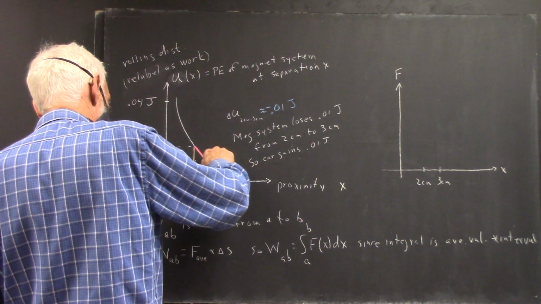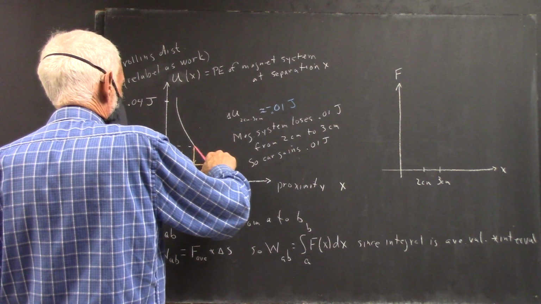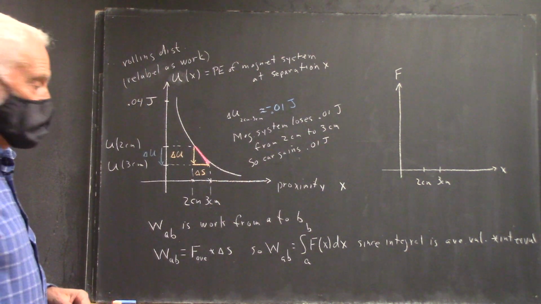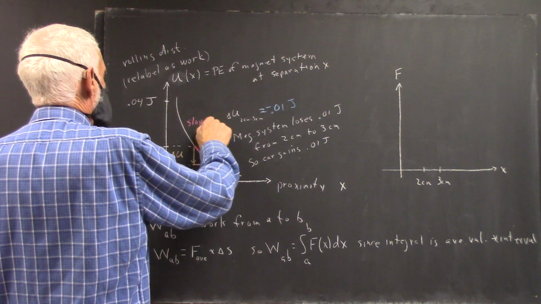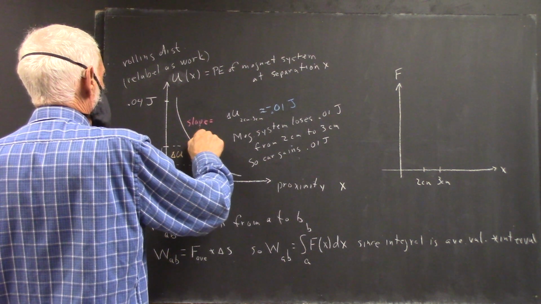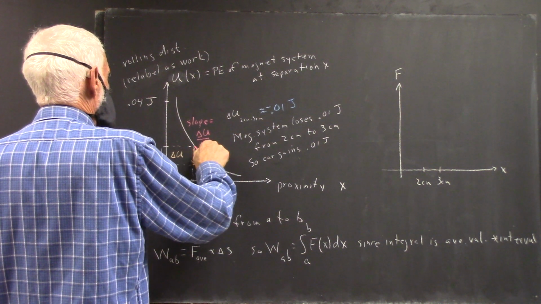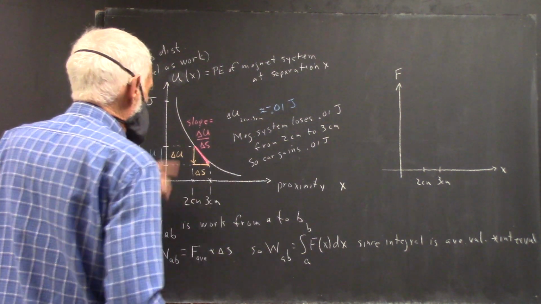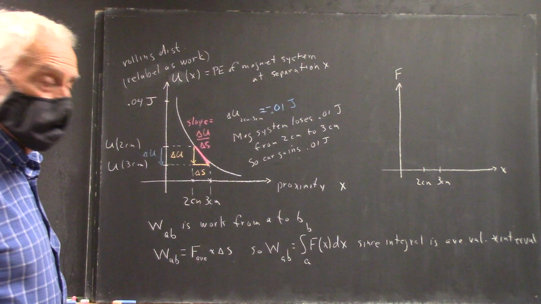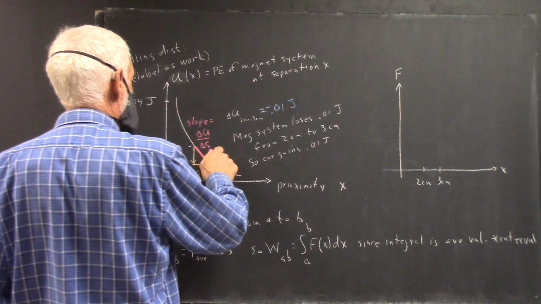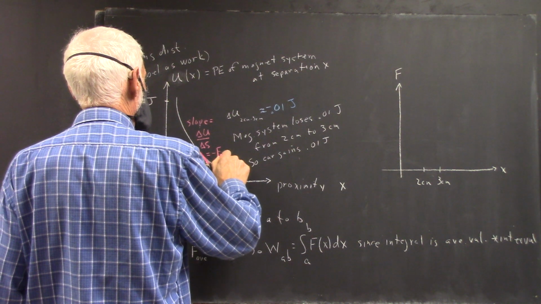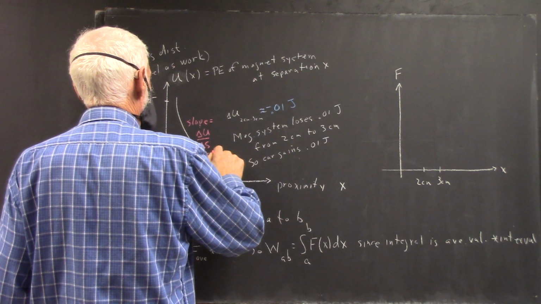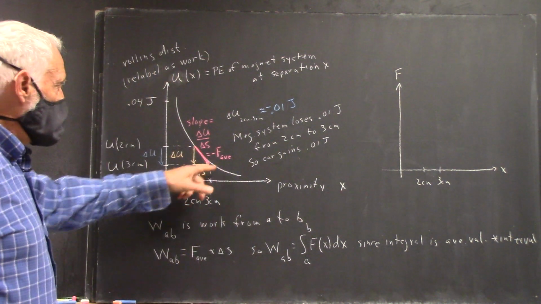What's the slope of this segment here? It's delta U over delta S, which is equal and opposite to your average force.